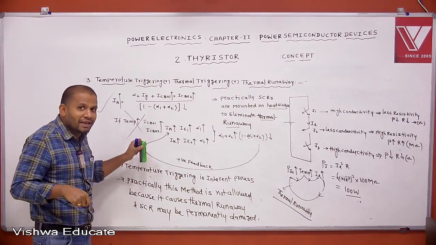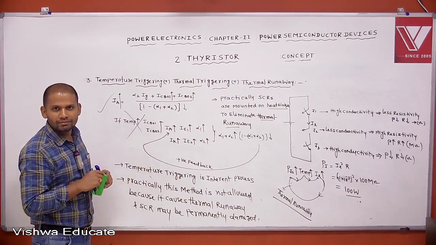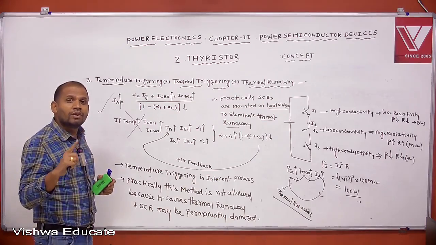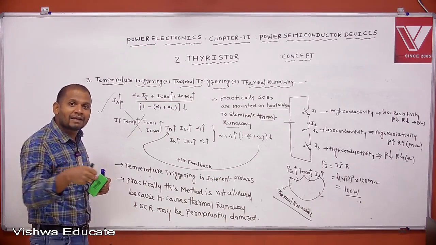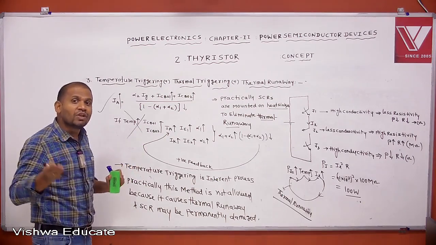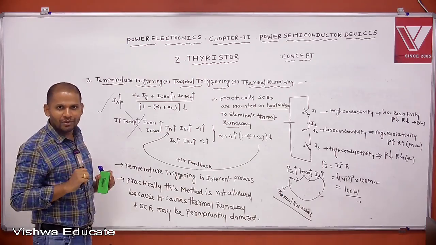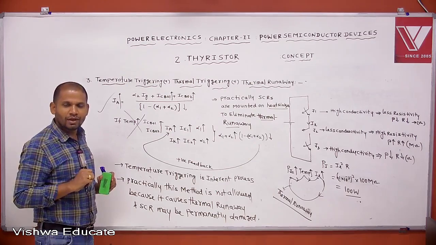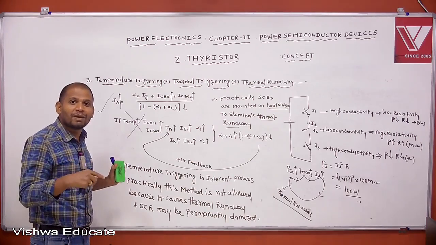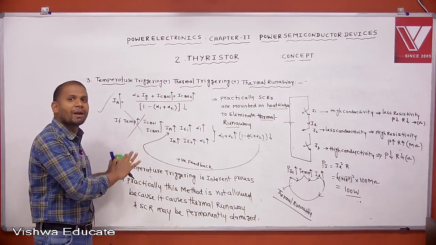In temperature triggering, it is turned on only because of temperature. So the only method in which we turn on the SCR by connecting the gate supply is gate triggering. In the remaining methods, we can turn on without gate supply. This is important from a competitive point of view: in which of the following methods is there no need of gate supply to turn on the SCR? Like this the SCR will also be turned on, but practically it is not preferable.